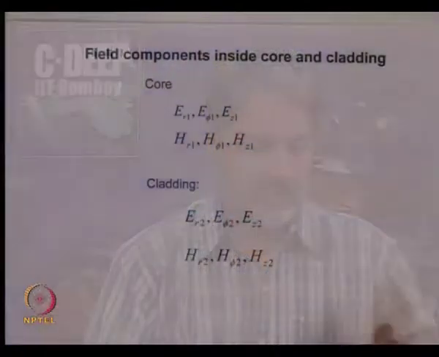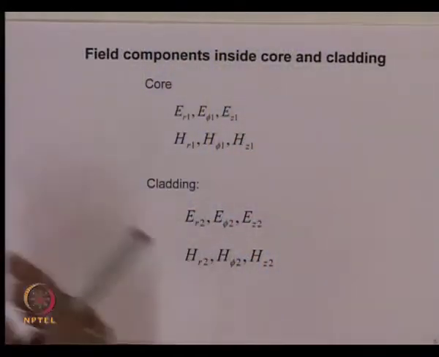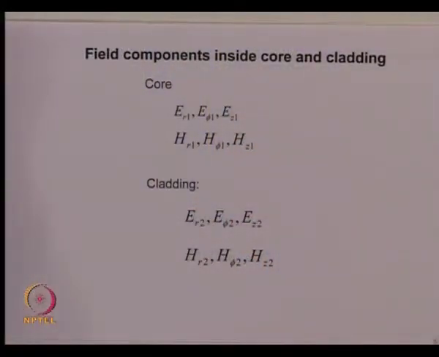Once you have got the longitudinal components of electric and magnetic fields, then as we have seen earlier, we can use the expressions for transverse fields in terms of longitudinal components, and we can get the total electric and magnetic field inside core and cladding.